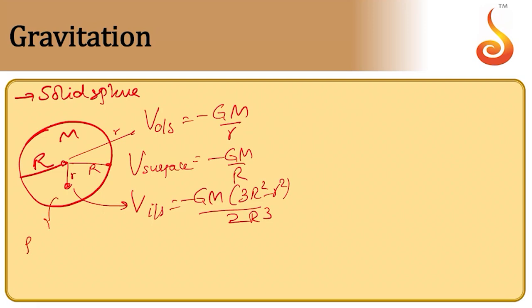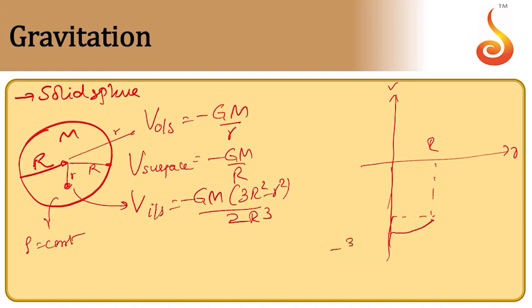Assuming, of course, the density to remain constant. So if I plot a graph of V versus R, the nature of the graph is like this. At the center, if I put R is equal to 0, it gives me 3 by 2 times the potential at the surface, and it changes like this up to the surface.